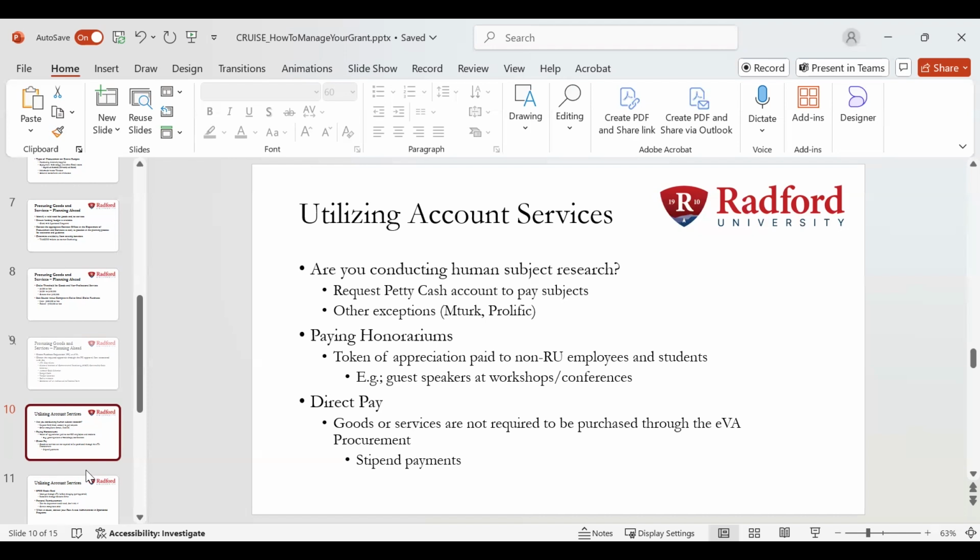So I think you'll find Prolific to be very helpful, but if your participants can't be done online, we do have the option of petty cash, and petty cash comes with a lot of rules and regulations. We do have a petty cash procedure that you have to follow.